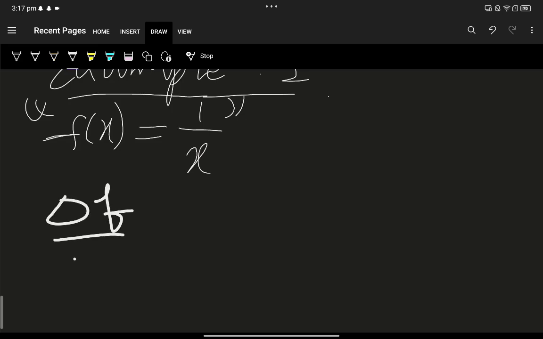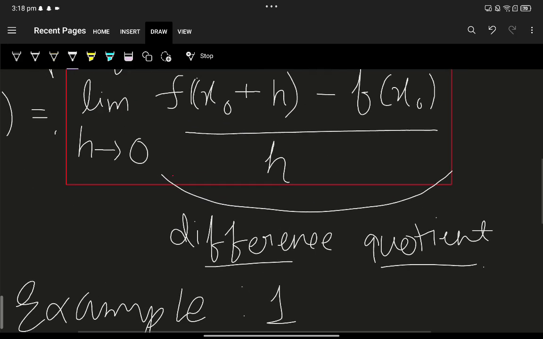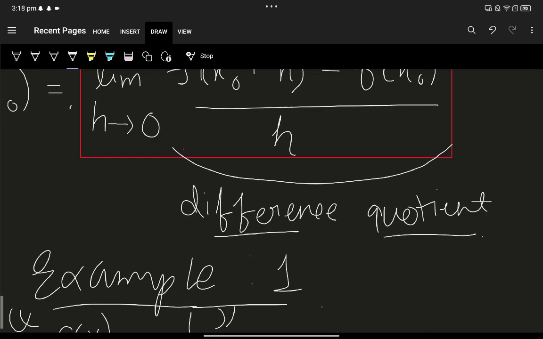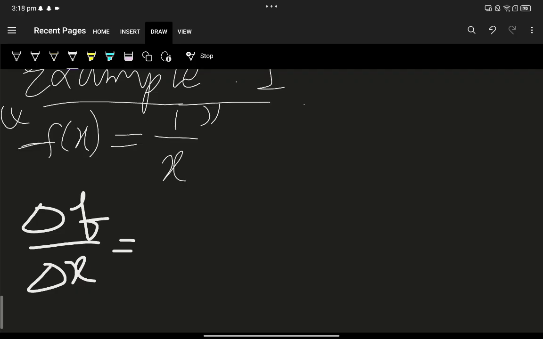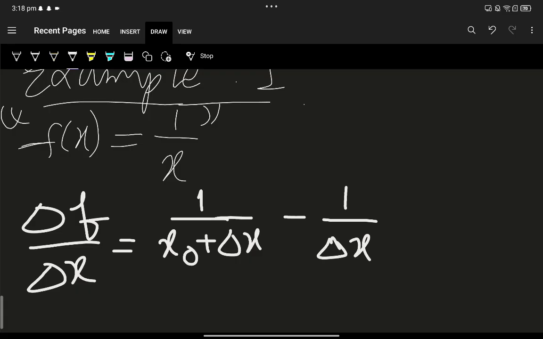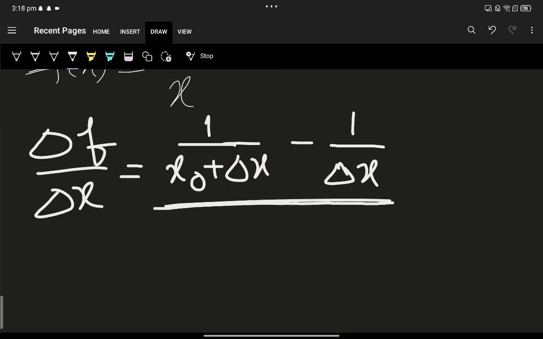So delta f by delta x is given by the difference quotient formula. It's f of x naught plus delta x first, which will be 1 by x naught plus delta x, as we know the function returns the reciprocal of the input, minus the original value, divided by delta x. That's the change.